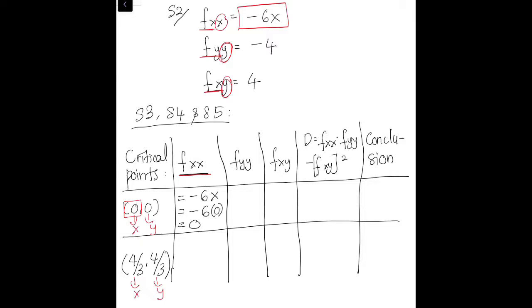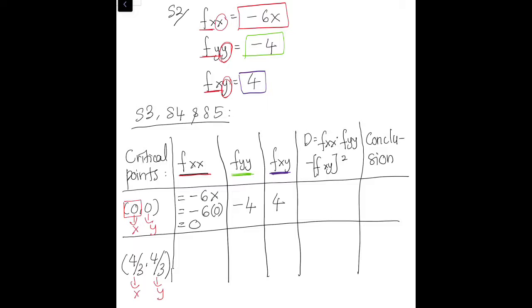Next column, fyy, which is equal to negative 4 from step 2. There is no variable x or y, so we just take the value minus 4. It is the same for fxy. We have a constant 4, so just write 4 in the table.